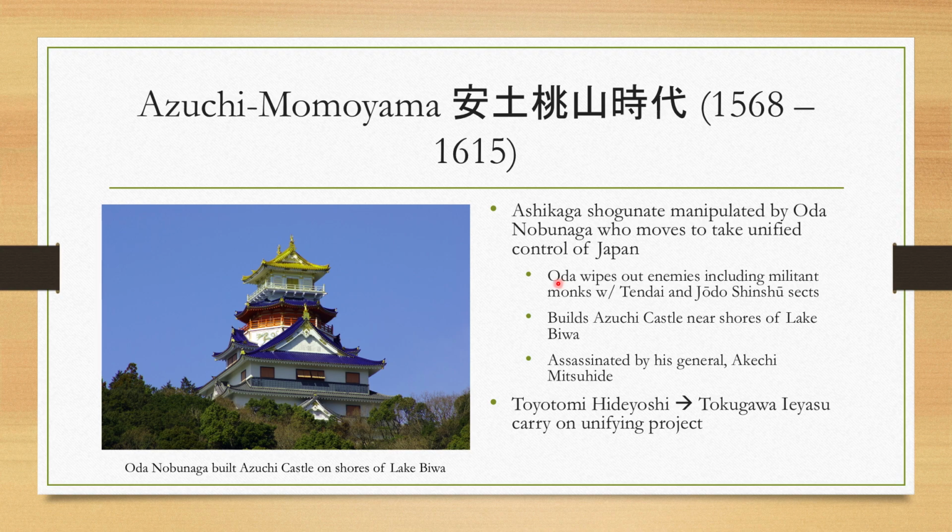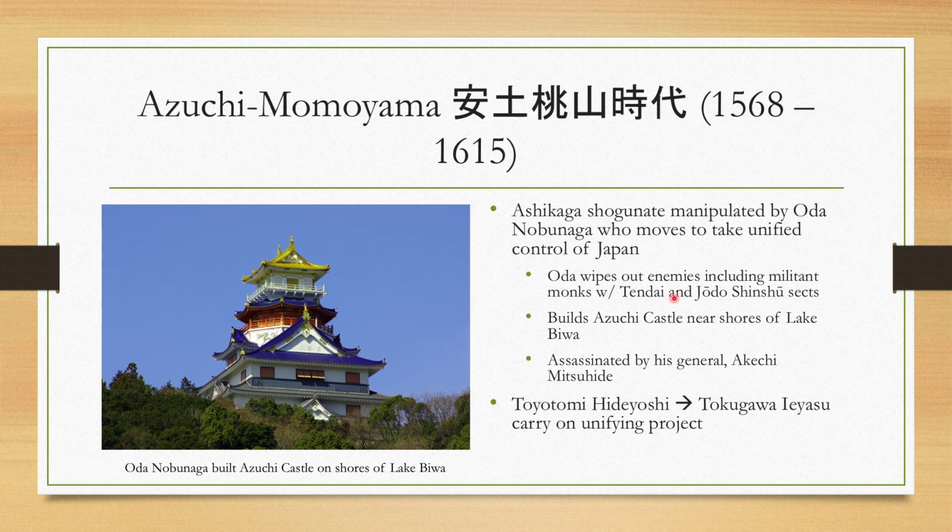And Oda Nobunaga is known as a very ruthless leader. He completely wiped out his enemies, including the Tendai monks at Enryakuji on Hiezan, and also the Jodo Shinshu sects.